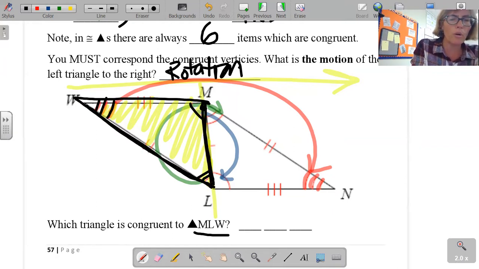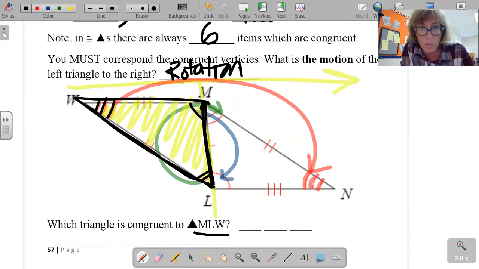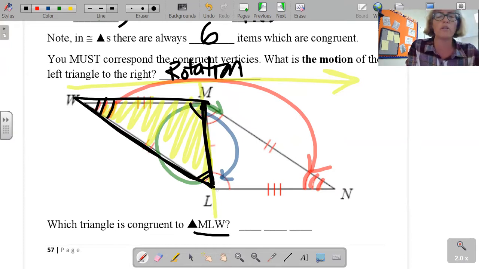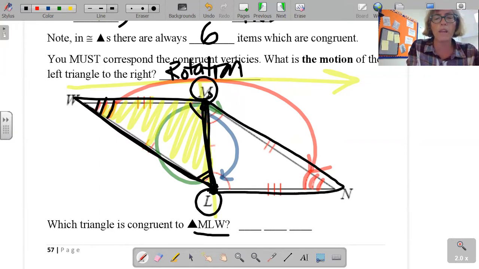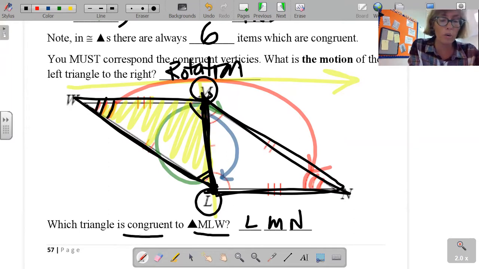Single, double, triple, and therefore its match has to be single, double, triple on the other side. So single on the right would be L, double would be M, triple would be N. So single, double, triple. So it would be triangle LMN would be the congruent triangle.